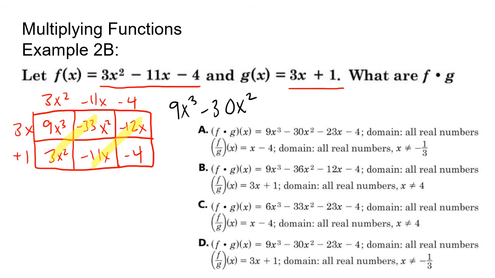I have negative 11 and negative 12, which is negative 23x. And then I have negative 4. So I'm looking for 9x cubed minus 30x squared minus 23x minus 4. So it can't be this one or this one. So it's down to these two.